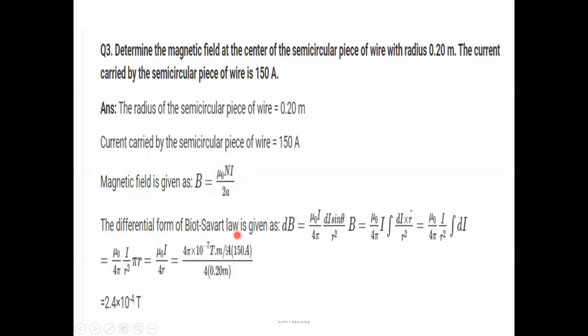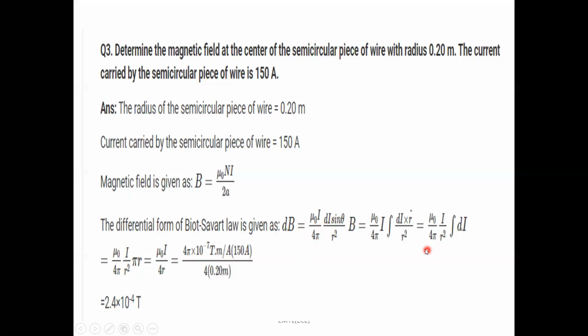So with the help of Biot-Savart's law, the magnetic field intensity is determined from dB is equal to mu naught I by 4 pi into dl sin theta by r square.